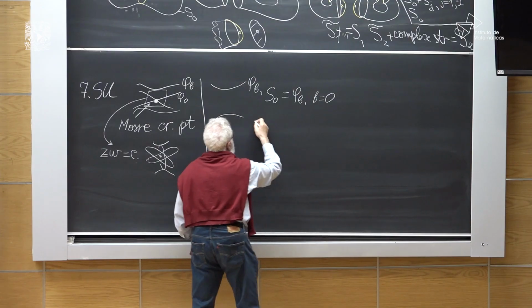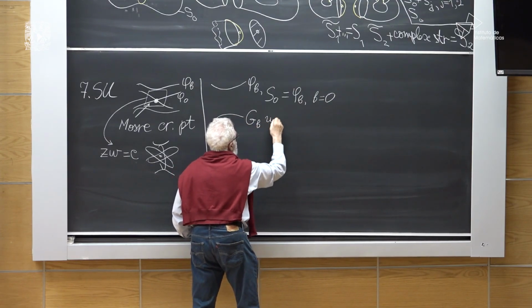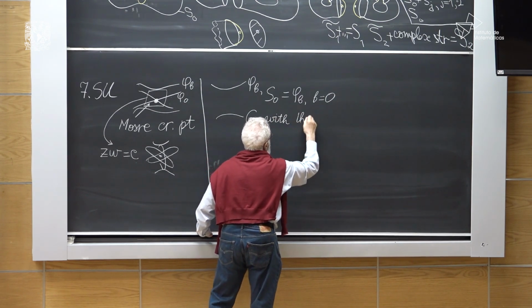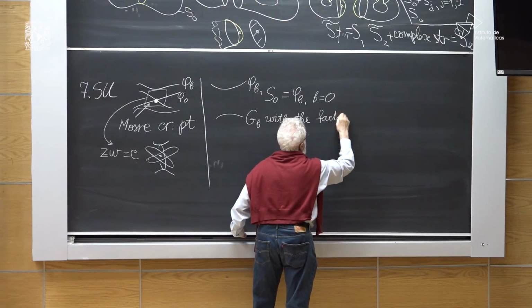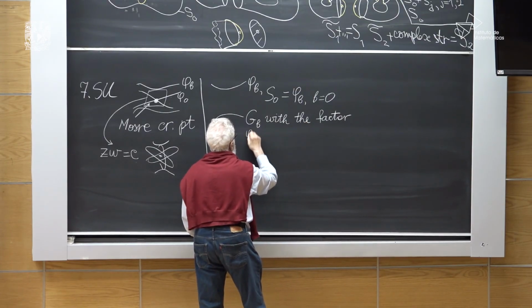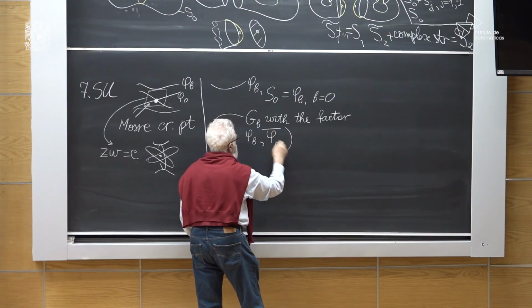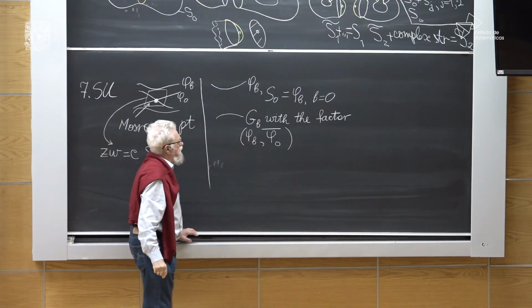And you take a group GB with the factor phi b, and another factor not depending on b. It is a Riemann surface symmetric to phi 0.